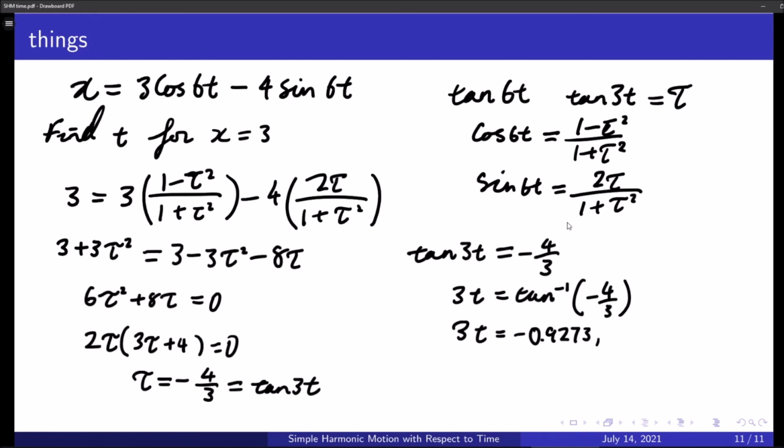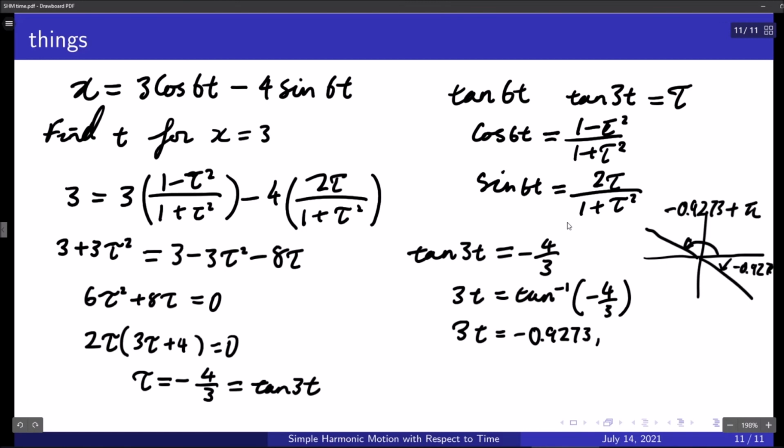And just imagine here, negative 4 over 3. So it's basically this one, negative 0.9273. And what we need is to actually find this one. Okay, so what is this one? So this is just negative 0.9273 plus pi, isn't it?